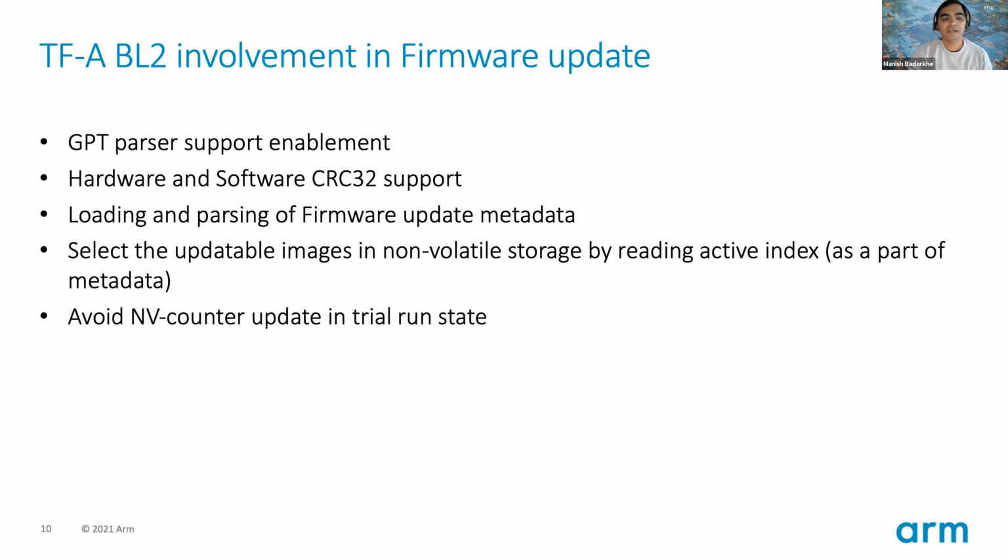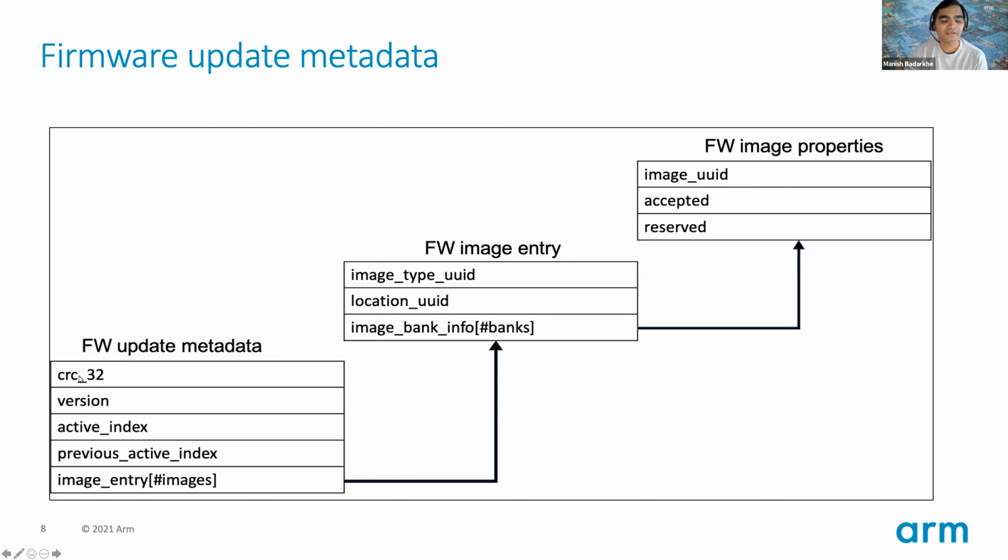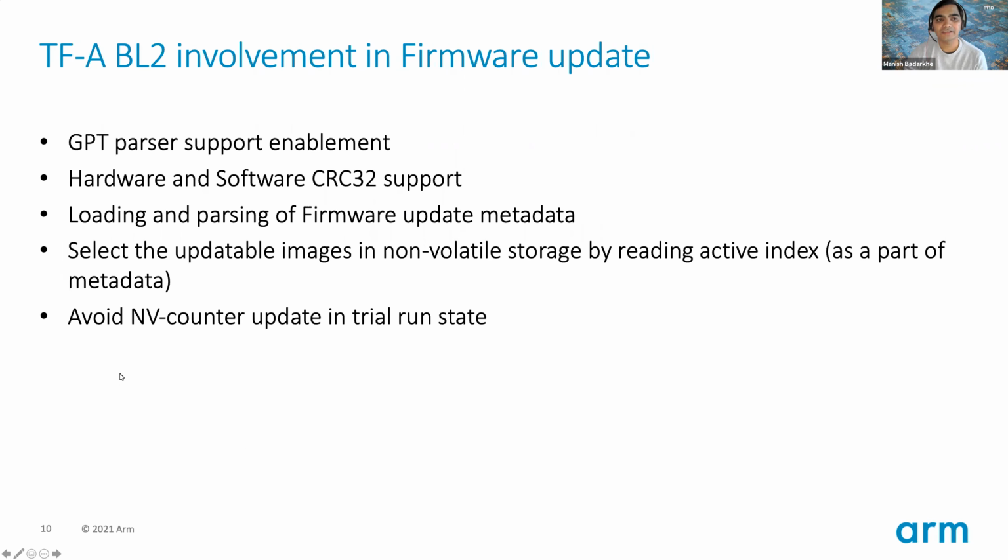And as I mentioned, the CRC32 field in the metadata is updated by the update agent. But TFA also needs to calculate the CRC32 on the TFA side to match with the field updated by the update agent, to check the integrity. So we have added both hardware and software CRC32 support in the TFA.